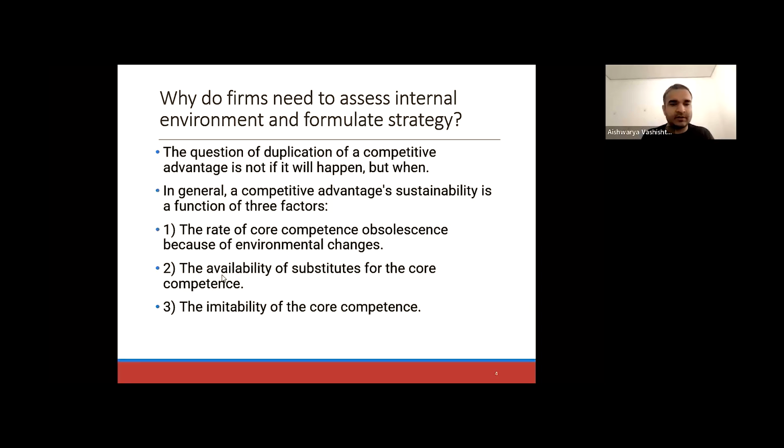Basically, these 3 points are connected in some way with each other, right? And they can be imitated. So that is why they can become substitutes, right? So in a way, these all 3 points somewhat point to the same thing, right?